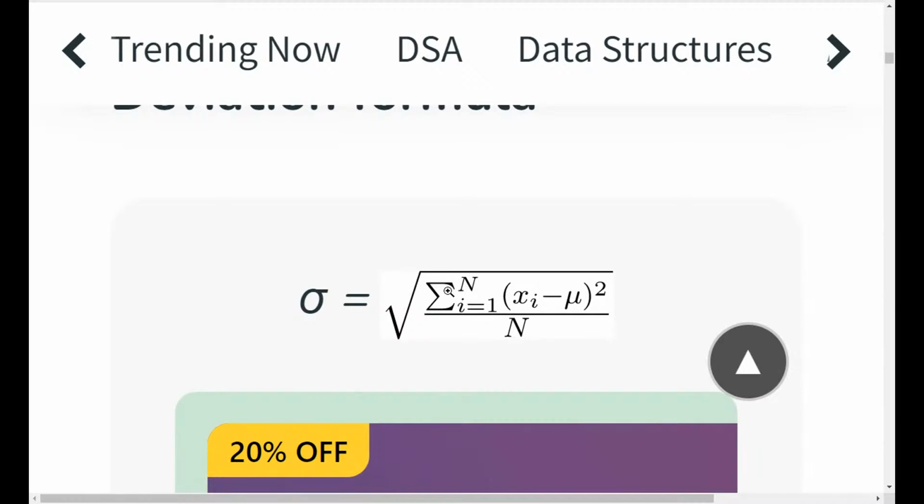Standard deviation. So what is that? Variation of values from the mean, the sample variation. Range of values, how much range? I from 1 till n.